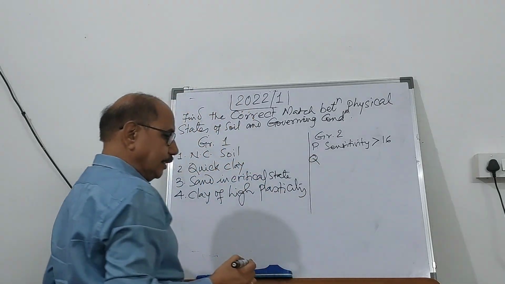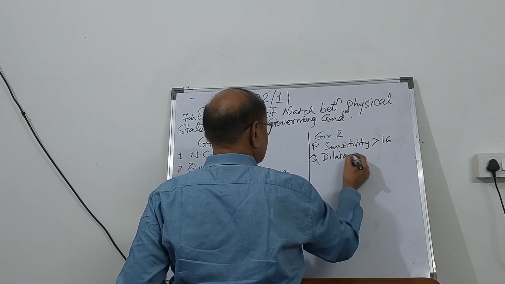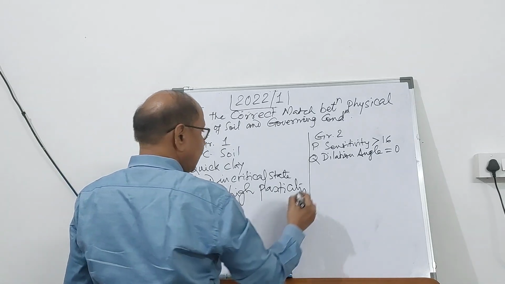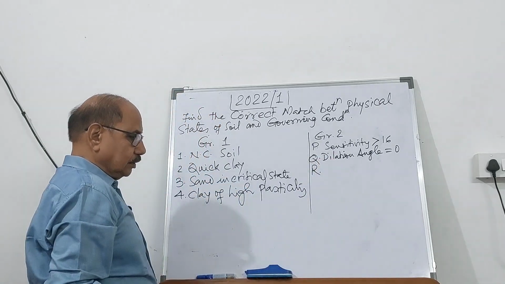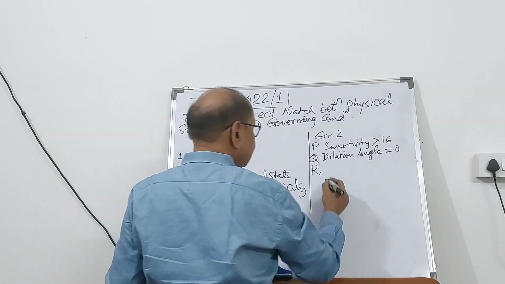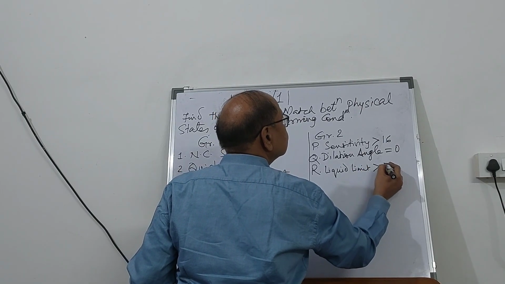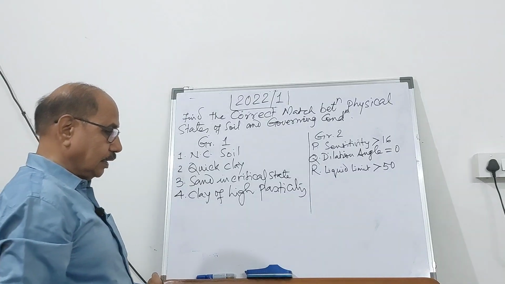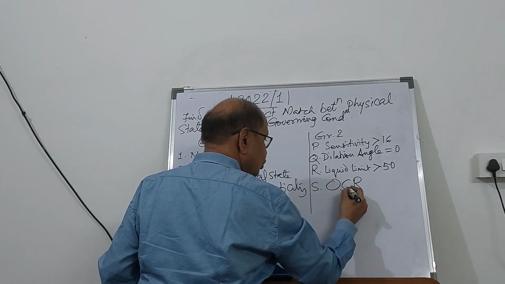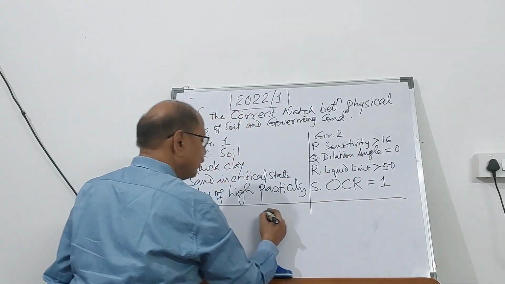Q denotes dilation angle equal to 0, and R denotes the governing condition, liquid limit greater than 50, and S, over consolidation ratio equal to 1. So now you can analyze and find out the solution.